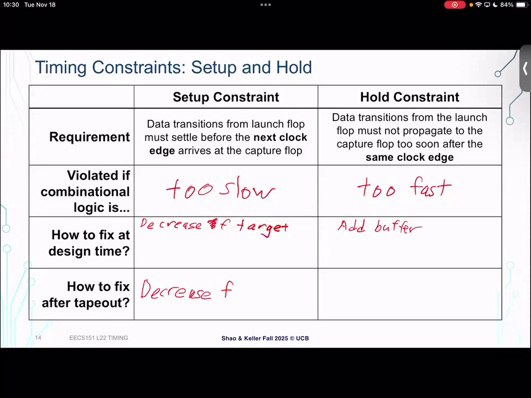Can anyone think of other ways to fix the setup constraint at design time besides just backing off your frequency target? If you have a combinational path that's too slow, what else can you do? Yeah, sure, you can repipeline.